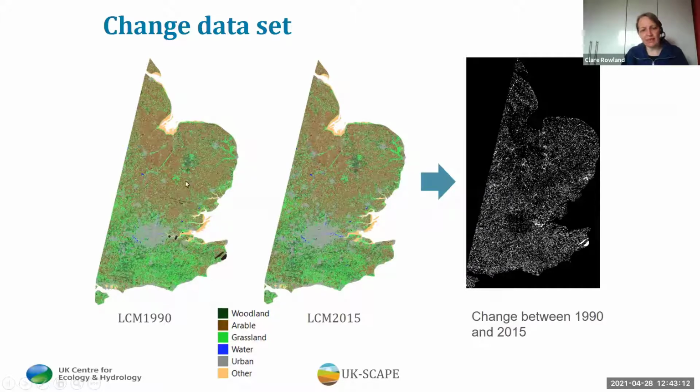And then we do that for 1990 and 2015, and then produce a map of change between the two. So the white areas here are areas that have changed. It looks like there's a lot of change, but actually quite a lot of this change is just the churn that you get in agricultural areas between arable and grassland.